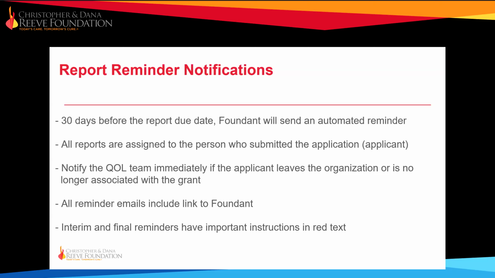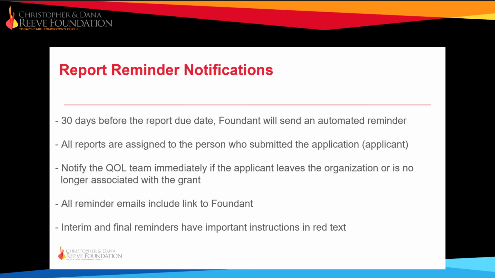Report reminder notifications. 30 days before your report due date, Foundant, our grants reporting portal, will automatically send a reminder to the applicant on file. If that individual has left your organization or is no longer connected to the grant, the report will need to be reassigned. Please notify the QOL team as soon as possible and provide the new contact's name, email address, and phone number.